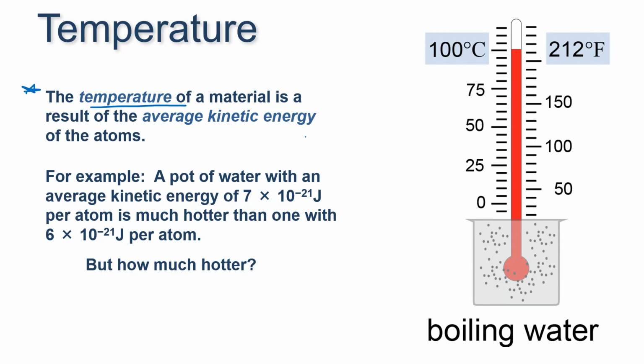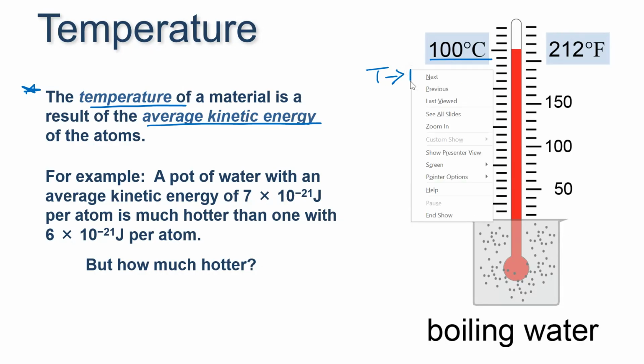So the temperature of a material is a result of the average kinetic energy. So this measurement is actually the temperature, which is also an indirect measurement of the kinetic energy.